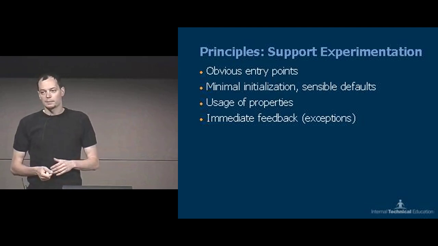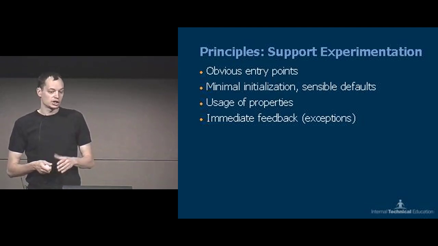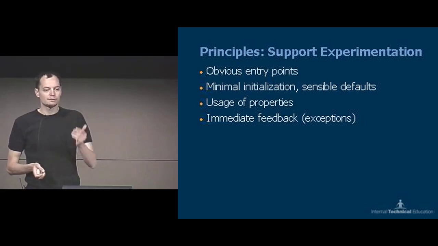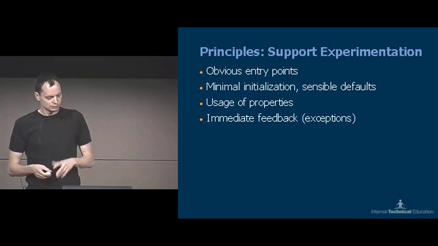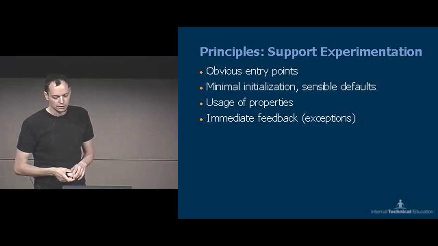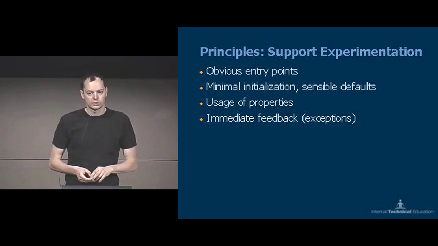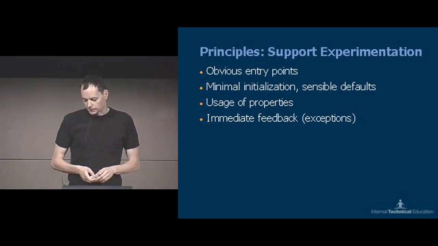So for experimentation, they need feedback. A good way to get feedback is to require minimum initialization. If the only thing you need to do to experiment with an API is to instantiate it, and then every single method actually does something, that's a good way for people to get feedback and experiment.